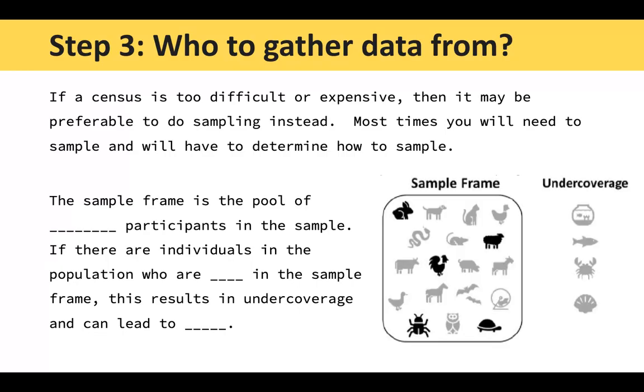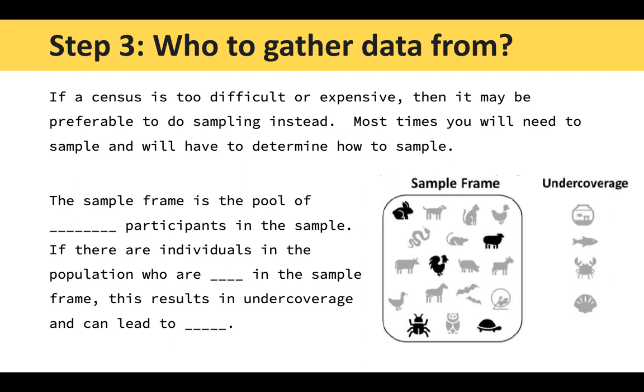Step three is to figure out who to gather data from. So we know who our population is, and if we can do a census and actually talk to or get data from our entire population, then great. But if our population is really, really big and a census is too difficult or maybe too expensive, then of course we will probably do a sampling instead.